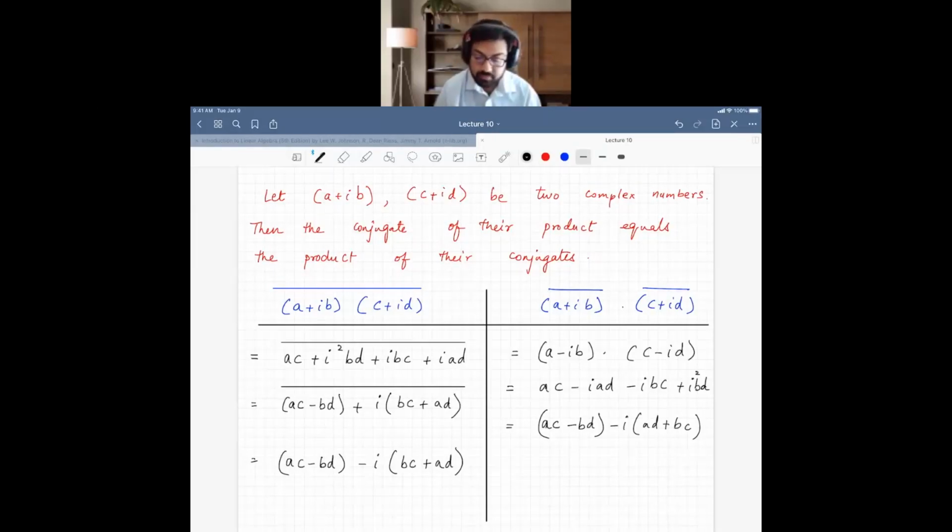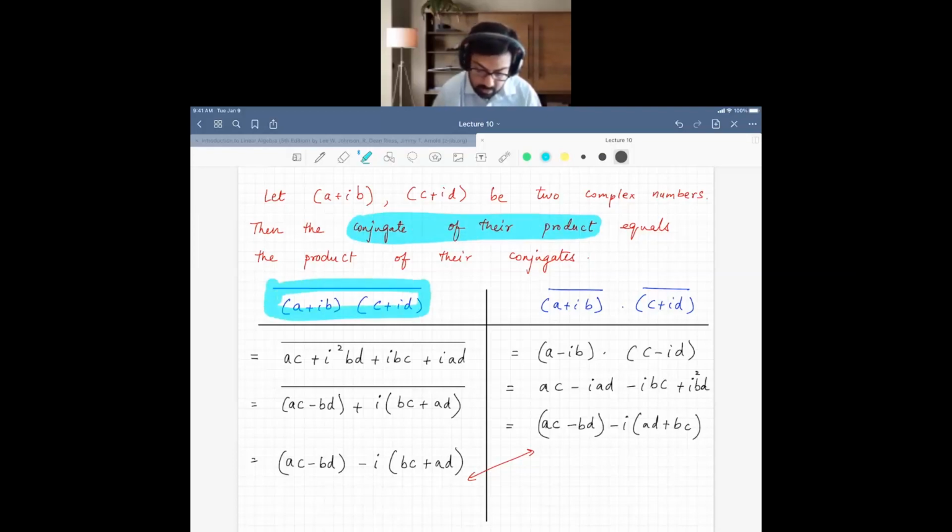And they both match, right? So the conjugate of their product equals the product of their conjugates.